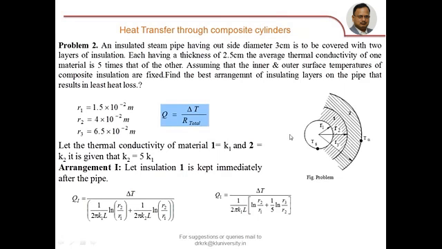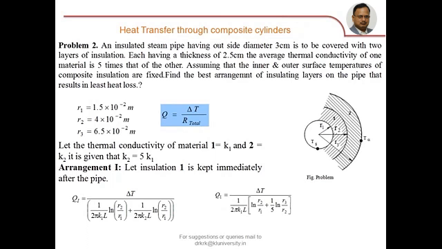Another important conceptual problem. Imagine there is a steam carrying pipe having outside diameter 3 centimeters. So radius is 1.5 centimeters. Be careful, most of the problems related to cylinders give you diameters.